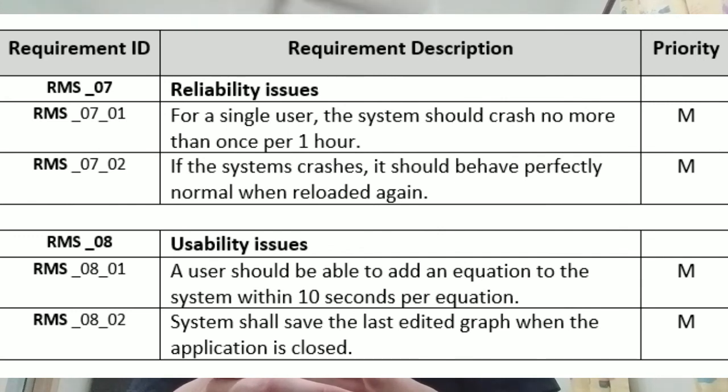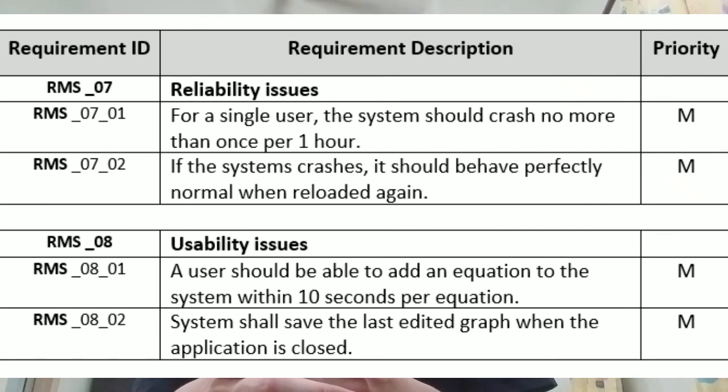For the reliability issues, for a single user, the system should crash no more than once per 1 hour, which is under the requirement ID RMS0701, whereas for the requirement ID RMS0702, if the system crashes, it should behave perfectly normal when reloaded again.